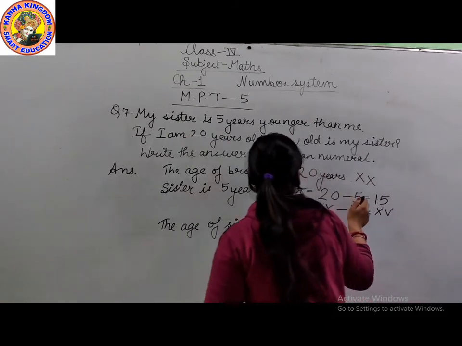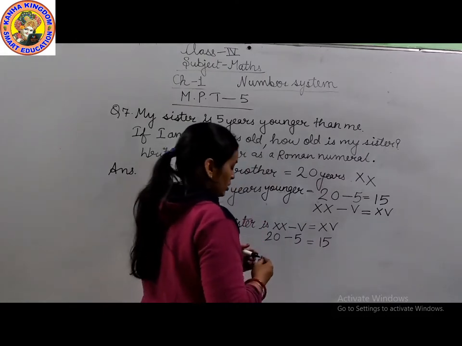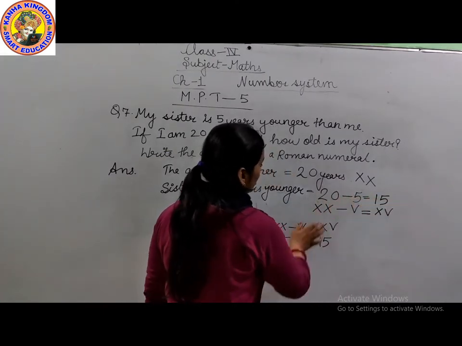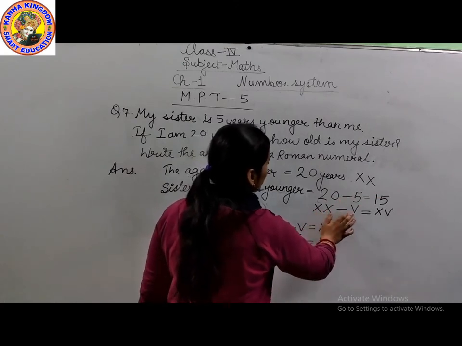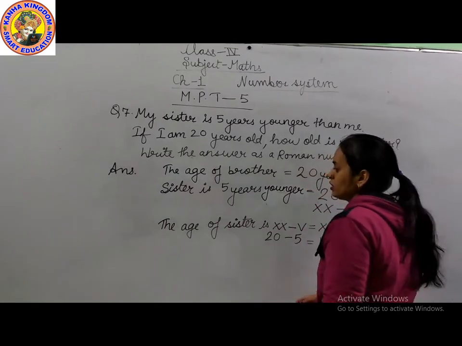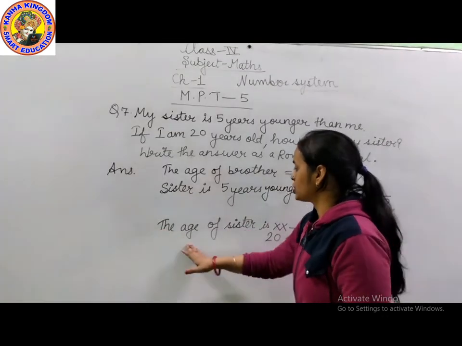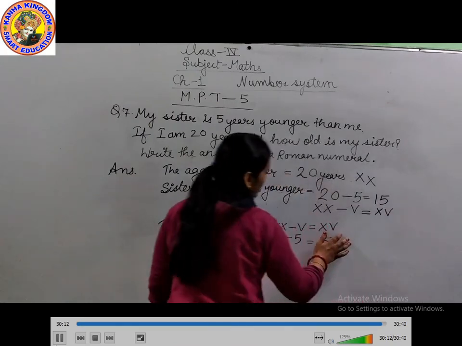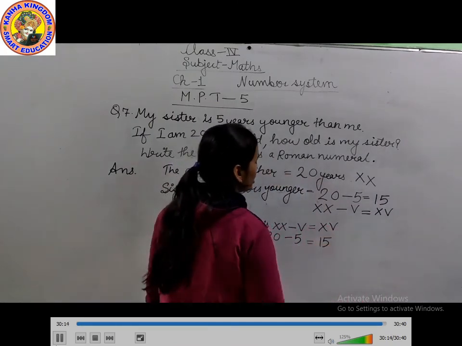Means 20 minus 5. 20 minus 5, 15. Double X minus 3. We write here 15 in Roman numerals. So the age of sister is 20 minus 5 equals to 15.